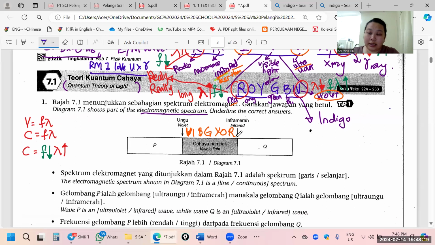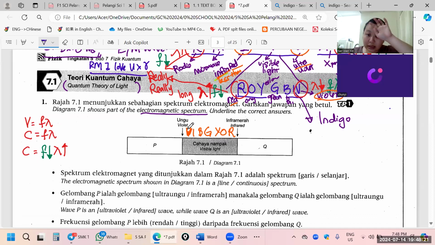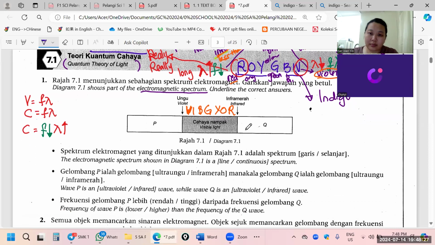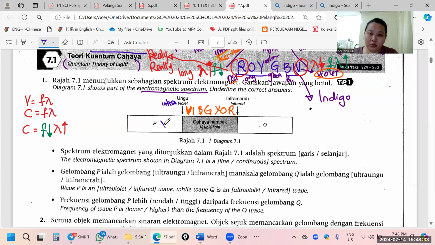So since here is infrared, here is red, here is violet, here is ultraviolet. I think this is ultraviolet. So this P will be X-ray, Q would be microwave.